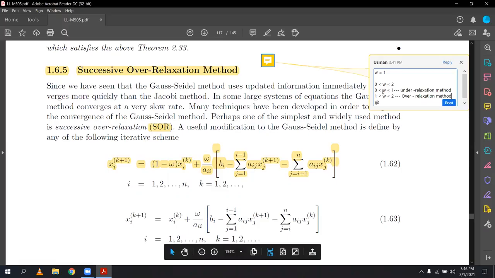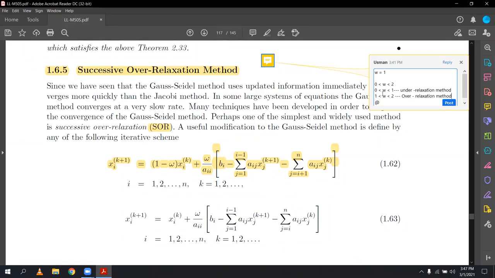If you choose the value of omega between 0 and 1, which we call under relaxation method, we use it when Gauss-Seidel method diverges, and this condition will make it converge. And the second condition, we choose omega value between 1 and 2, and when Gauss-Seidel converges slowly, it makes it faster. So we have these two benefits in the case of the SOR method, relaxation method.